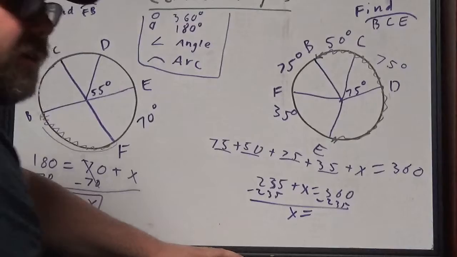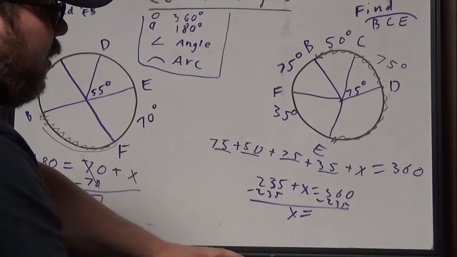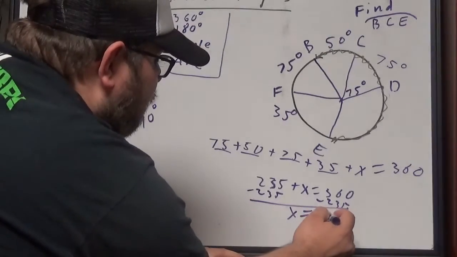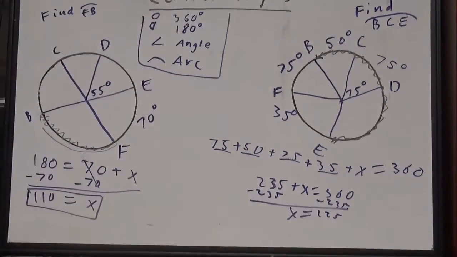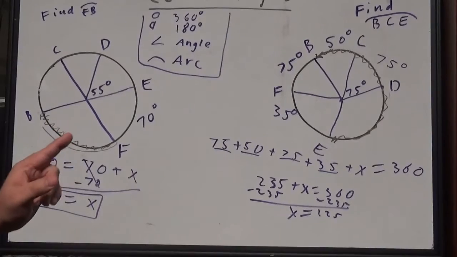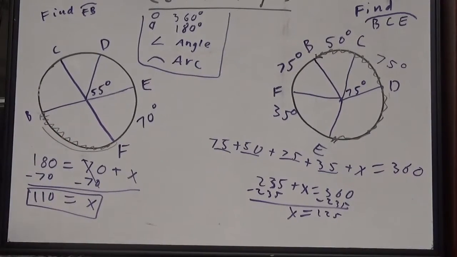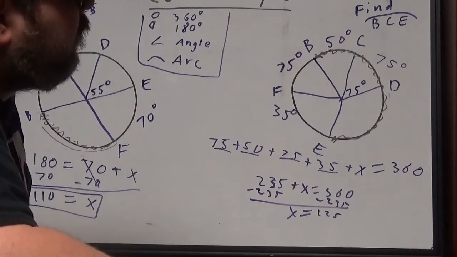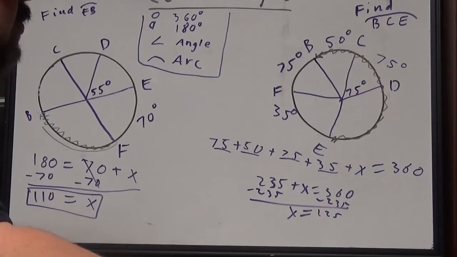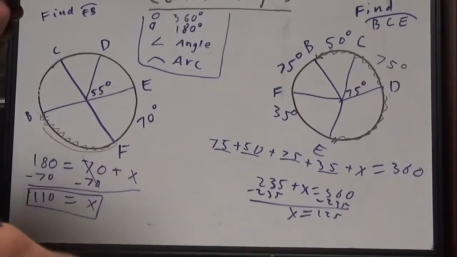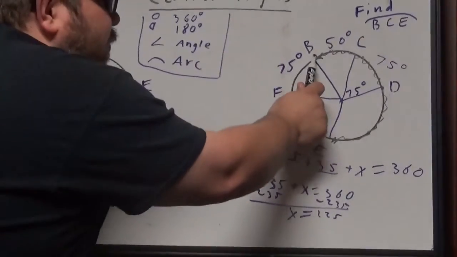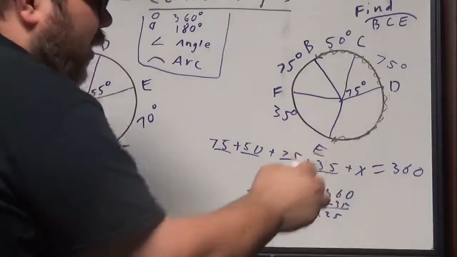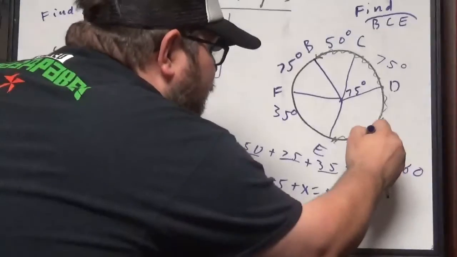X equals, hopefully this all shows up on your screen, 125. X equals 125. I didn't box it in. That's not your answer. Not yet. To get that final answer, remember, we want to know from B all the way to E. So now we know 125 goes here.